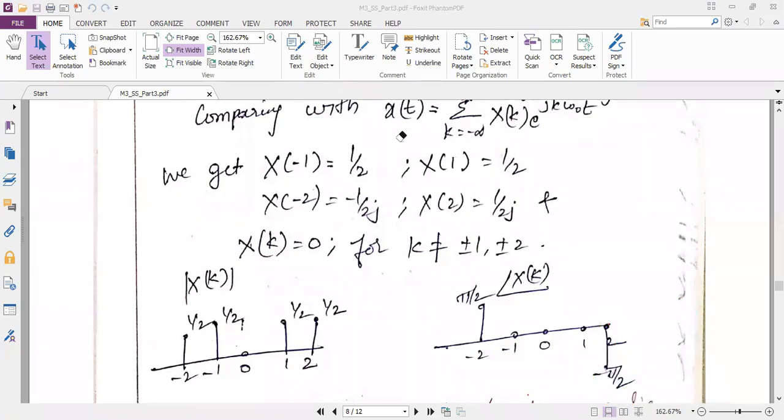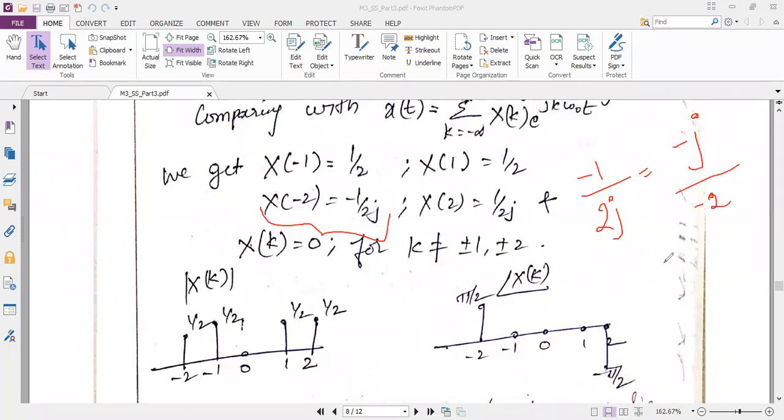Yes, ma'am. Okay, fine. So similarly, can you try at minus 2? At minus 2, again I have j in the denominator, so this should be pushed to the numerator. How to push it? Multiply and divide by j. Then I will get j in the numerator, and in the denominator I will be having one more minus.